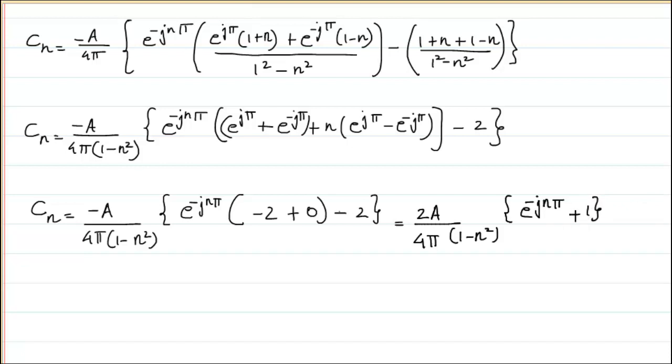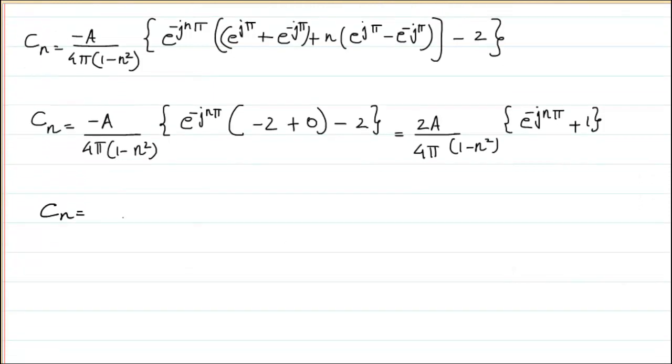And now you can see that 2 and 4 can cancel off. So finally I will write C of n is equal to a divided by 2 pi into 1 minus n square, into e raised to power minus j n pi plus 1.